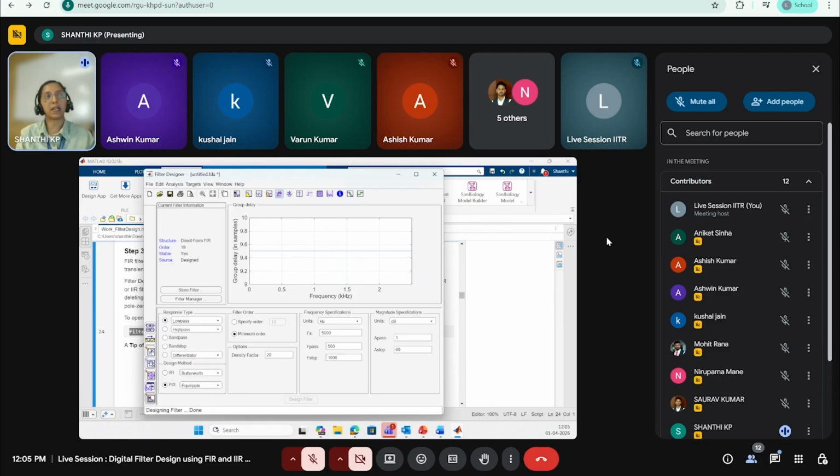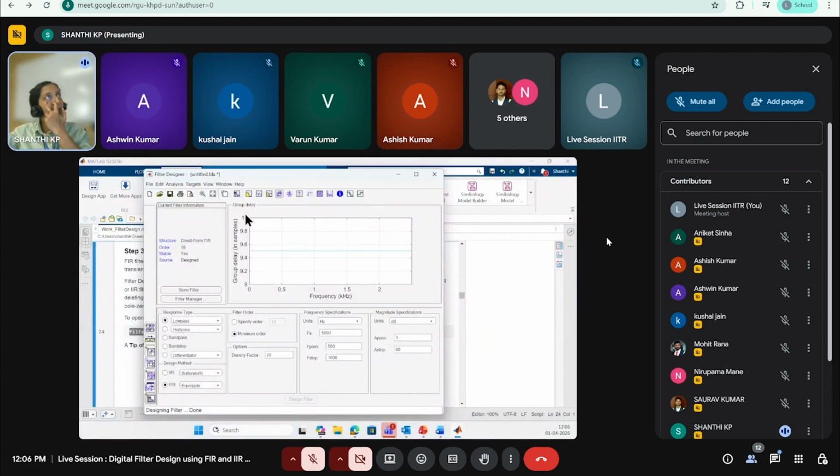That is where FIR filter selection becomes important. And make a note of the filter order here on the left side under the current filter information. So the order of this filter is 19. We'll see later how this differs for the same specification for an IIR filter.